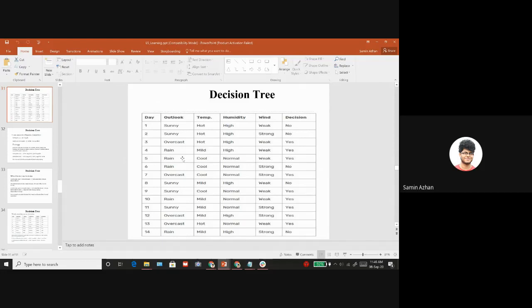If we have data like that, our decision might be a little overfitted, and the proportion is very different for sunny, rain, and overcast.